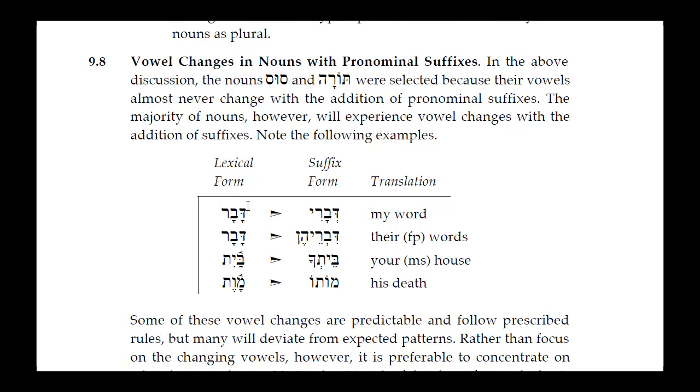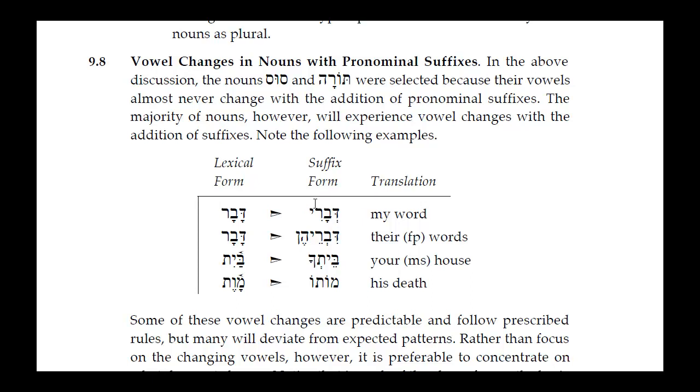And right here we have the lexical form of davar, which has a comments here under both these syllables. All right, when we add a suffix form onto davar, it creates another syllable. The hireq yod creates another syllable. This goes from a two-syllable word to now a three-syllable word.